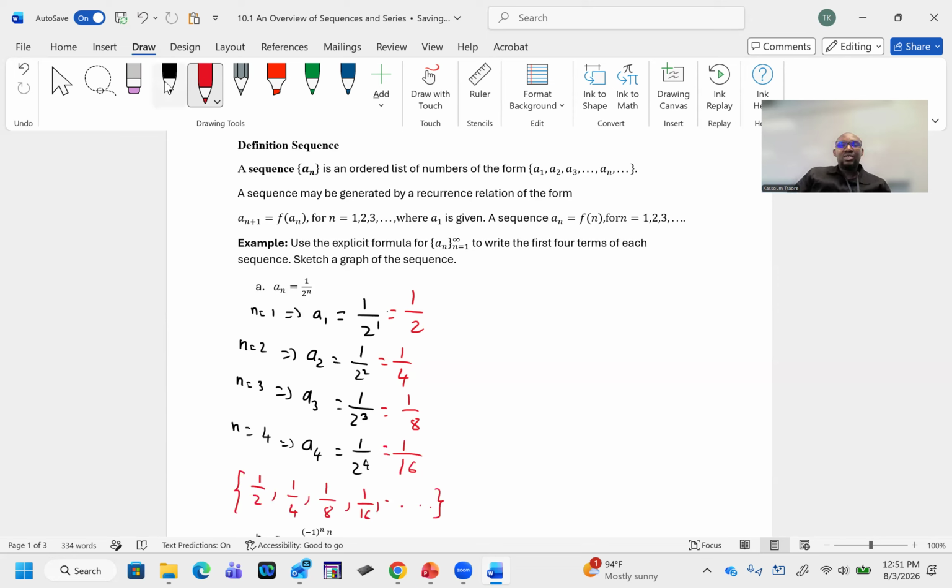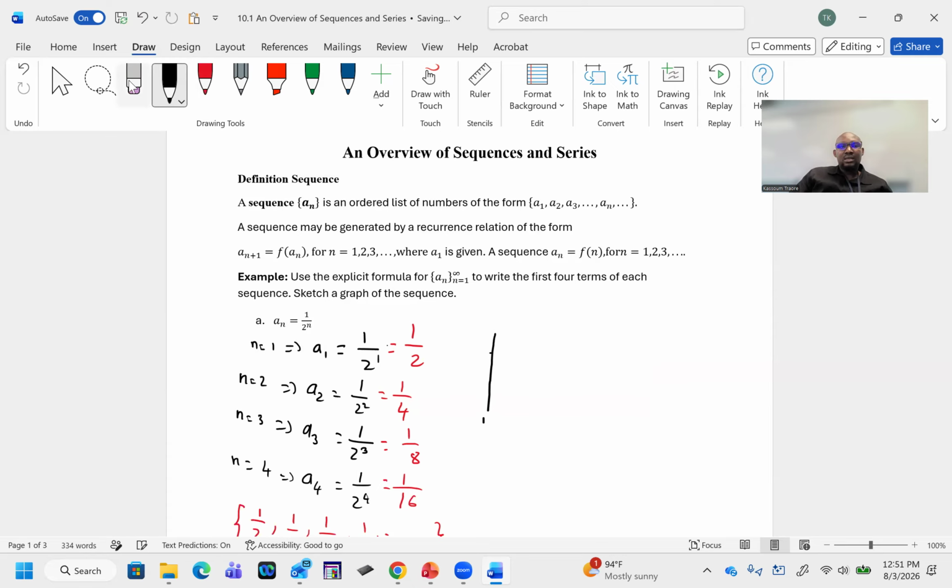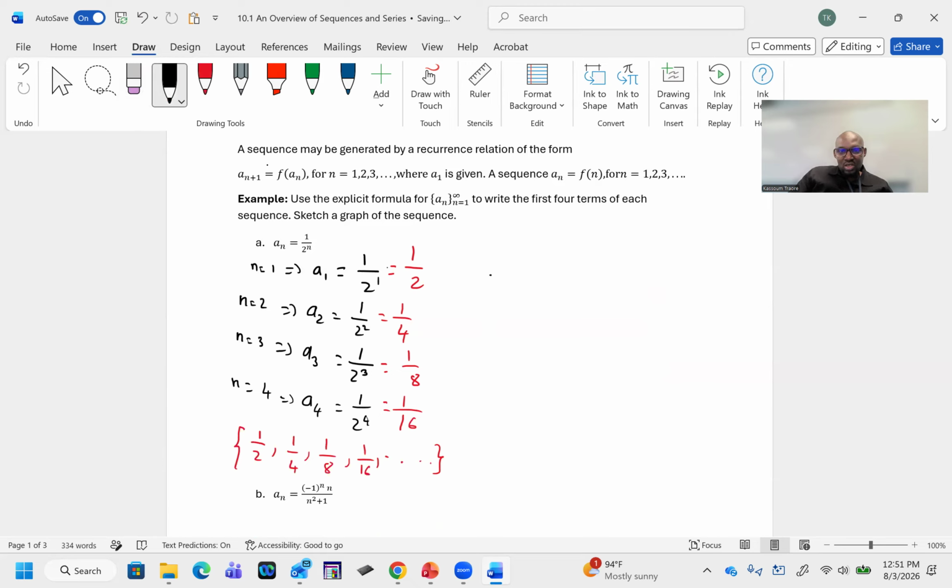And if I'm asked to sketch, so I'm going to sketch my sequence right here.